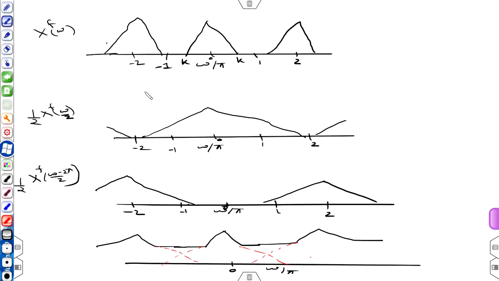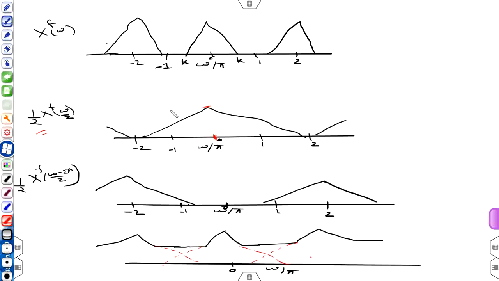I have taken an imaginary band limited signal whose Fourier transform is known, and the Fourier transform of half of X(f omega/2) is given by this picture. The magnitude is reduced by half.